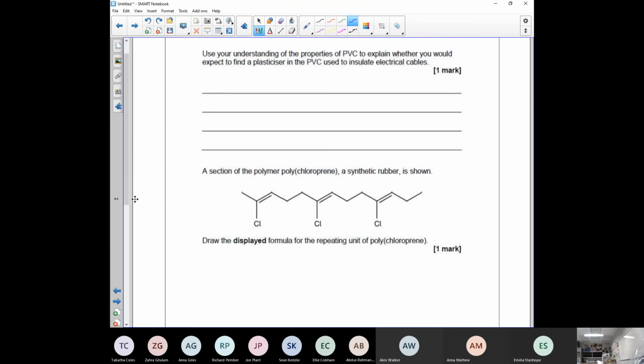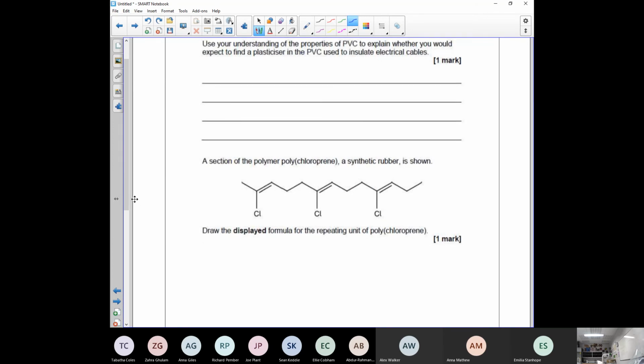Right then, use your understanding of the properties of PVC to explain whether you would expect to find a plasticizer in the PVC used to insulate electrical cables. This is a good one for people who have no common sense and no thinking. This is one where you freak out and go, I don't remember anything like this. To deal with this, we have to know why we would use PVC to insulate electrical cables.